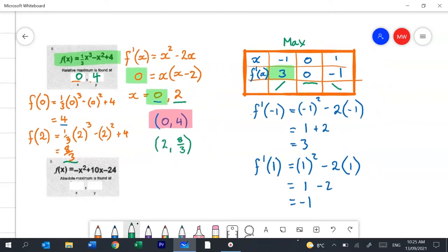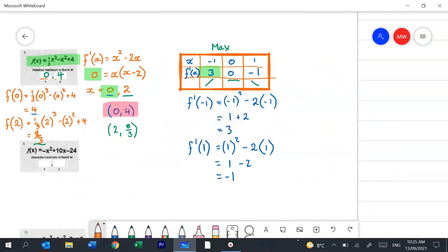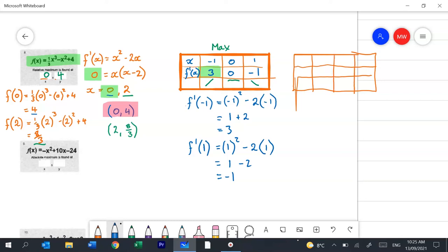Right, now, just for the purposes of practicing this a second time to make this clear, if we were proving the minimum as well, then what we'll do is we'll draw up the same grid. Okay, at this time we will give it x and f dash x values.